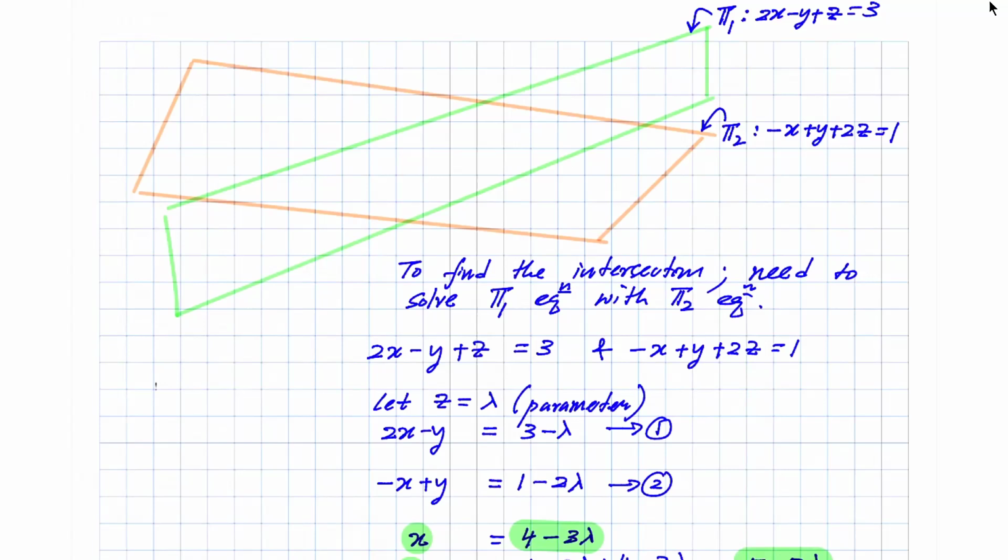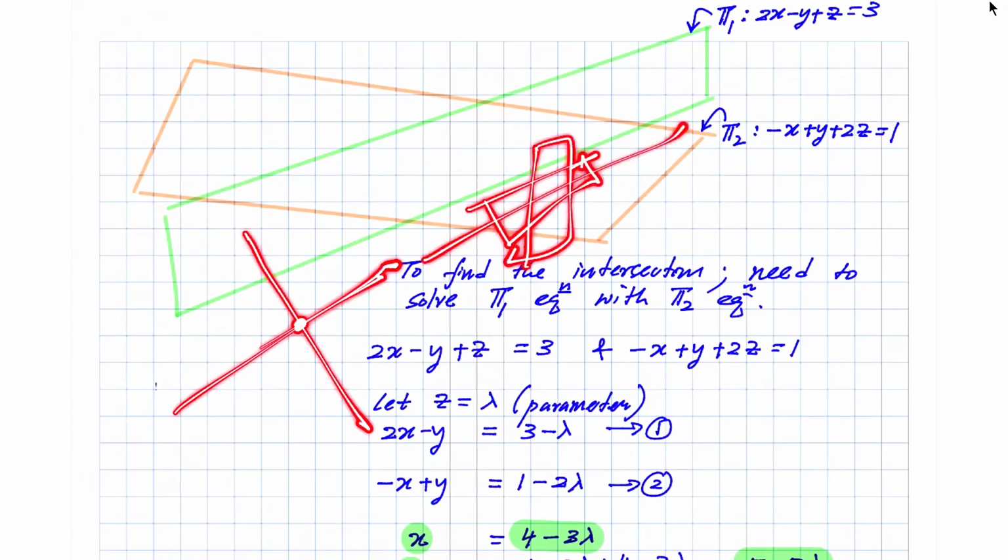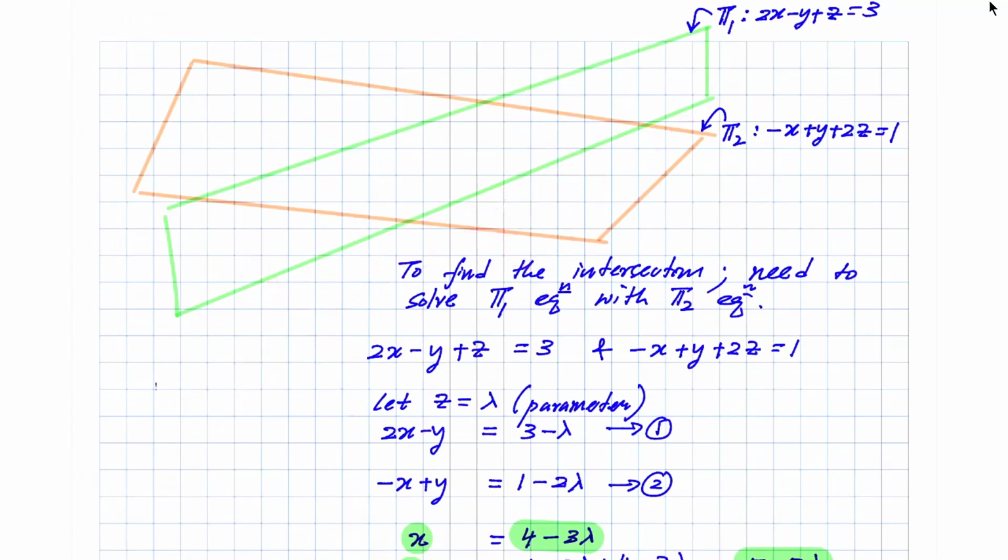For example, two linear lines will give you a point, while two planes will give you a line. Suppose that line looks like this. This is the line, and this line is due to this intersection.